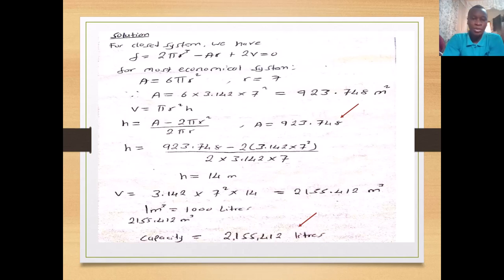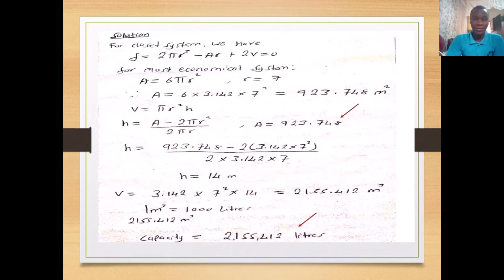Remember, the question said to find the capacity in liters, and 1 cubic meter equals 1,000 liters. Inserting that, we have a capacity of 2,155,412 liters.